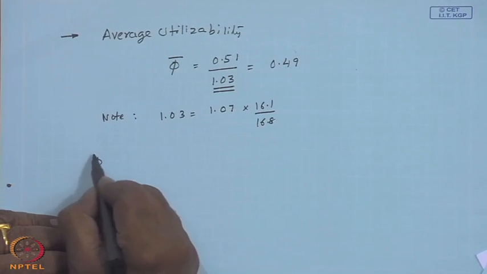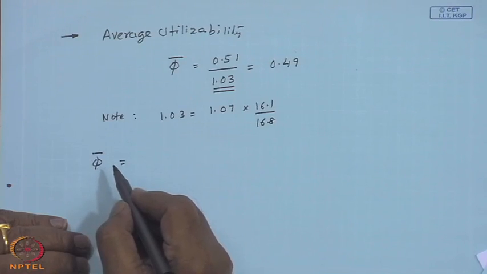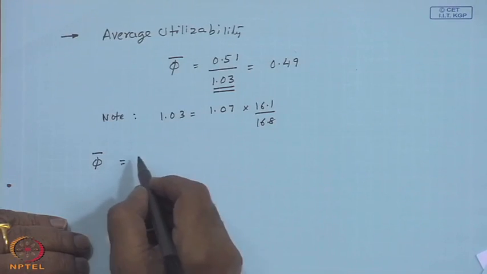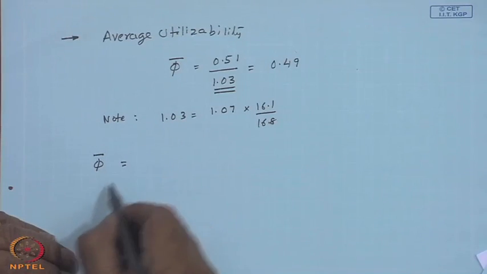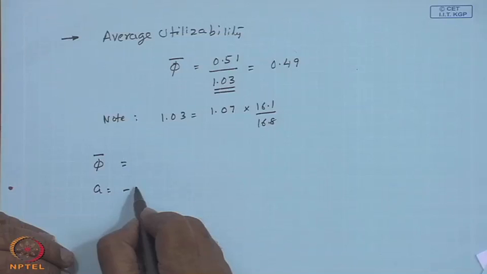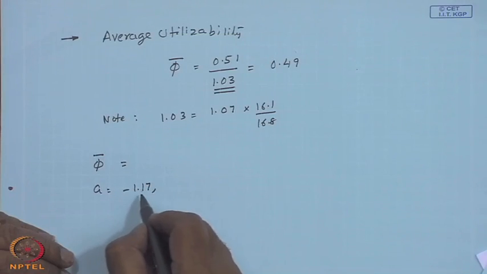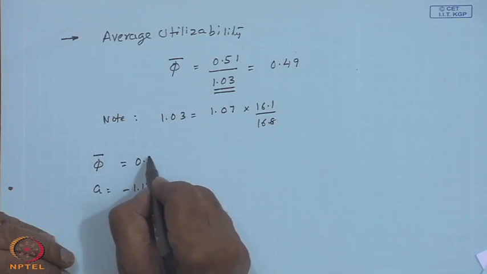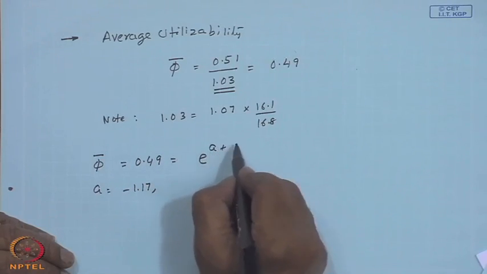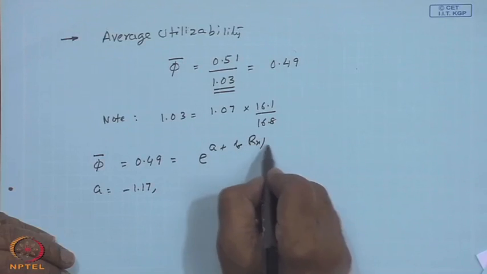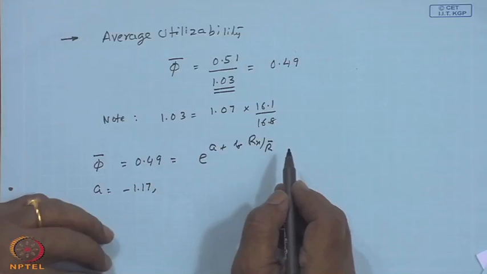Now this phi bar will turn out to be, again, we use A, the same constants, equal to minus 1.17, and this is 0.49, already known to us, equal to e to the power A plus B r n by r bar. Just be cautious because everywhere else it is r bar by r n written.